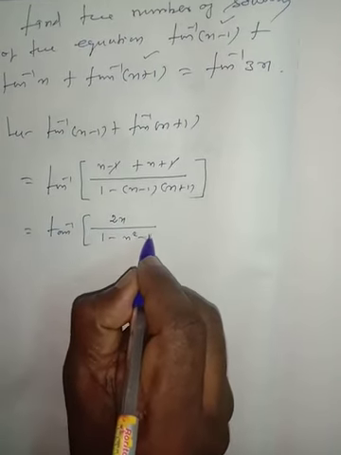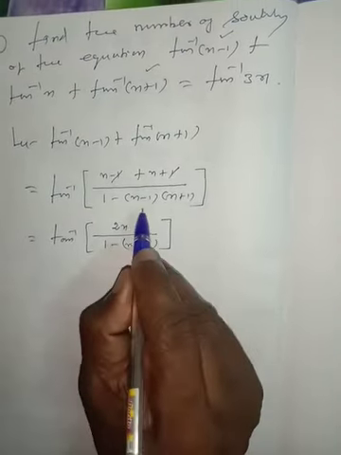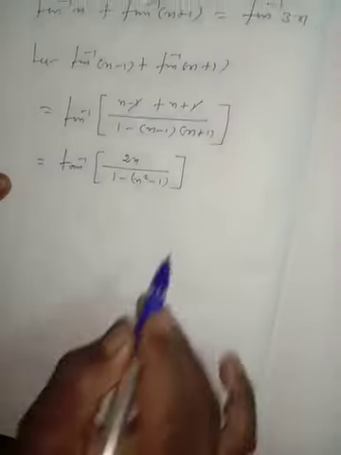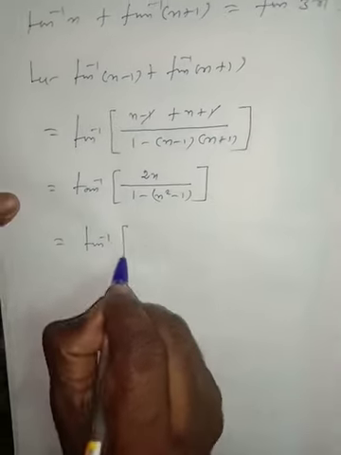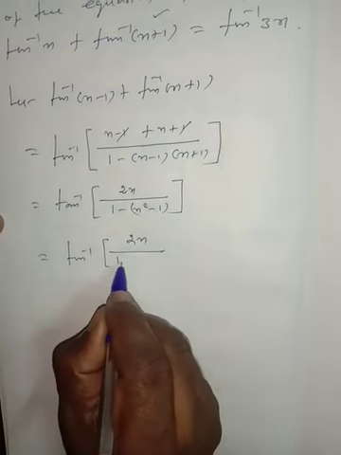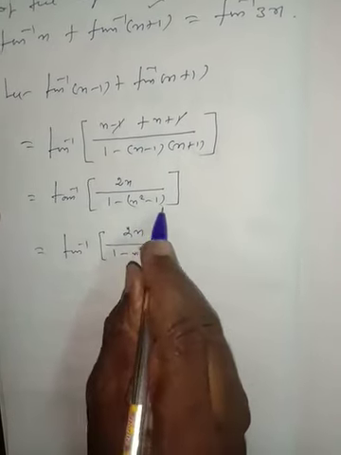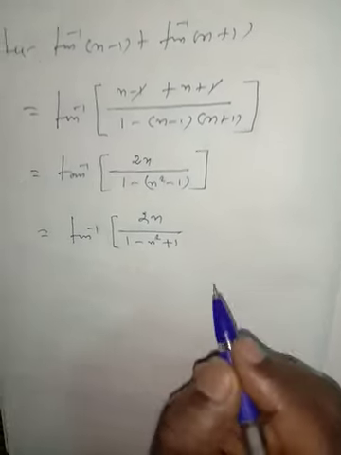A plus b into a minus b is a square minus b square, and 1 square is 1. Therefore, tan inverse of 2x divided by 1 minus x square minus of minus positive. Distribute this negative sign: minus of minus positive 1.